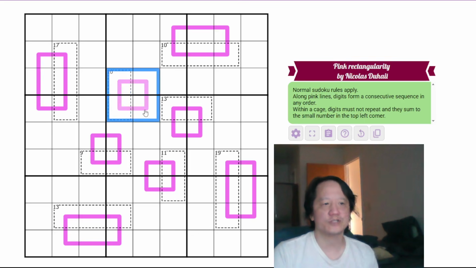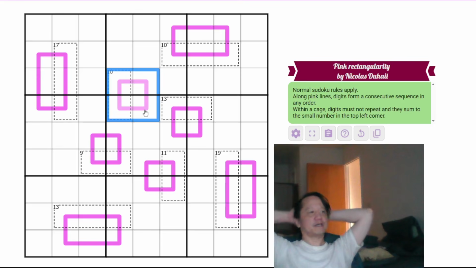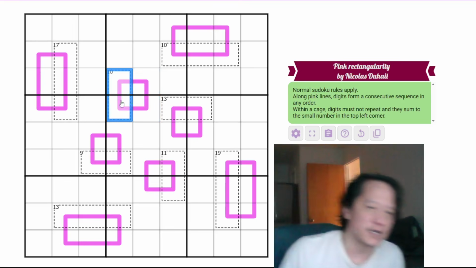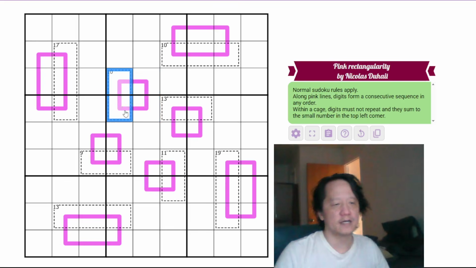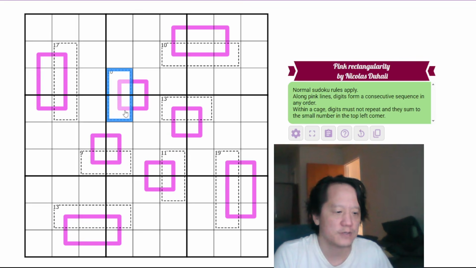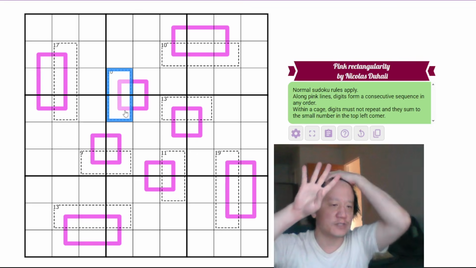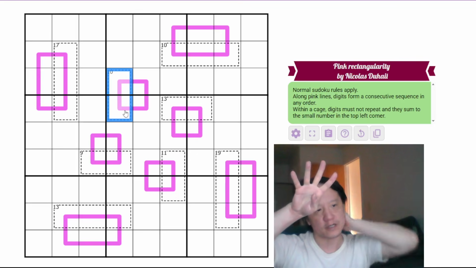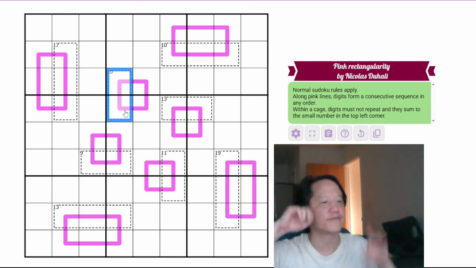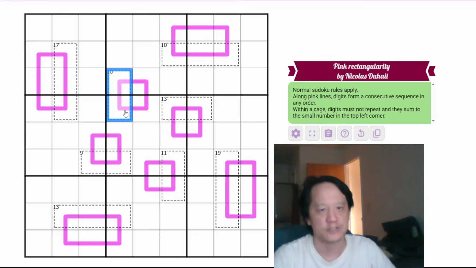These are 4 digits which must form a consecutive sequence. So these 2 digits that add up to these digits cannot be more than 3 apart from each other. Because to form a sequence of 4 consecutive digits, it has to be something like 3, 4, 5, 6, or 1, 2, 3, 4, which have a difference of 3 between the smallest and the largest digit.